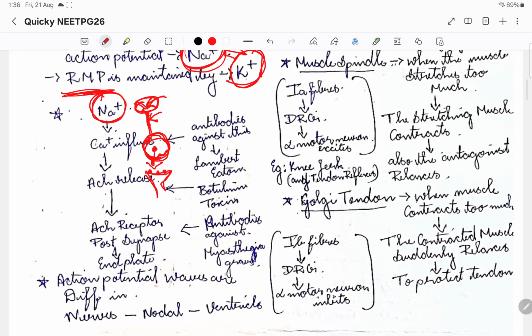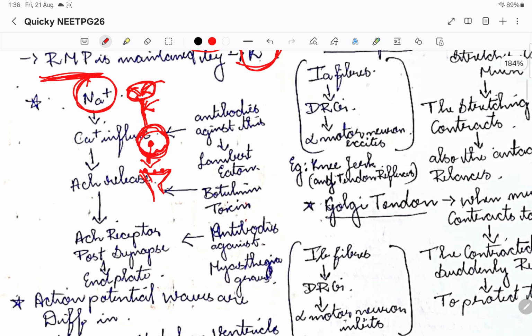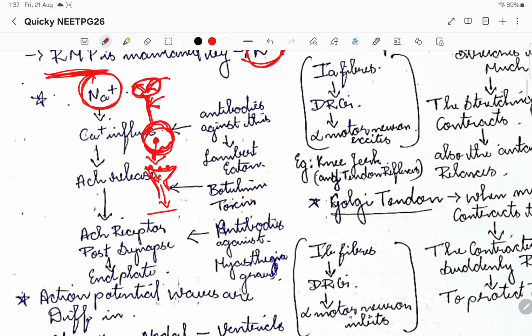The post synapse will get the acetylcholine and then a cascade of reactions will start happening. Then we reach the end plate potential, the final muscle. This is called the end plate, where the final message will get delivered and the action will start happening. So this is how the cascade begins and ends up in generating an action.